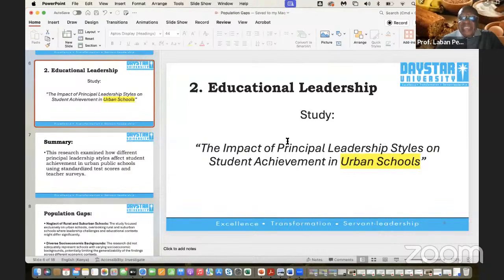He could be chasing evidence around principal leadership, an evidence gap. So, yes, it depends on how you narrow it down and what you have actually identified as your gap. This study also can be on a practical knowledge gap on student achievement. So this is why I want you to open up your mind. But maybe let's do one more example, then you'll be able to see it clearly.